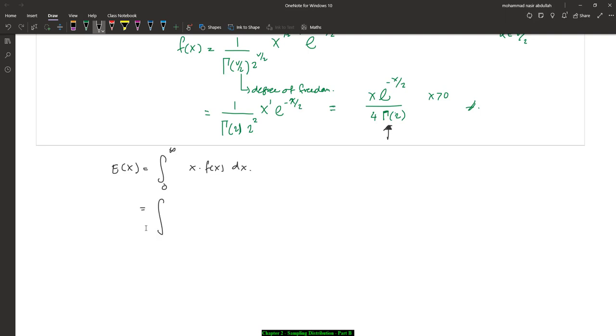So this one should be integrated from 0 to infinity, x multiply with x should be x square lah. X square exponential negative x over 2 over 4 gamma 2 with respect to x.